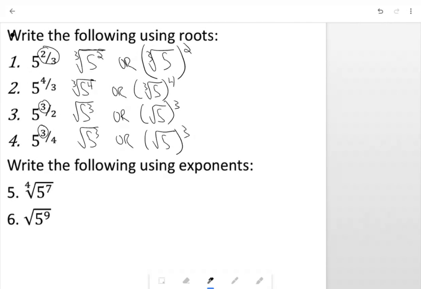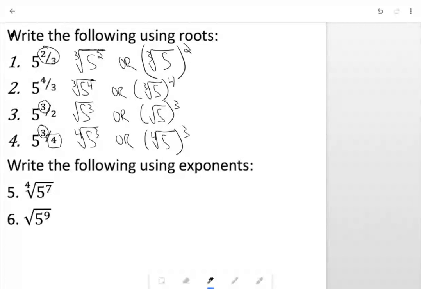So that is not going to change. What is going to change is the root. The denominator in this case is 4, so that tells me this is going to be a fourth root. So the fourth root of 5 to the power of 3, the fourth root of 5 cubed. That is all we're doing for the first 4 questions here.